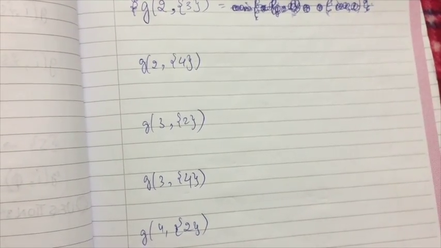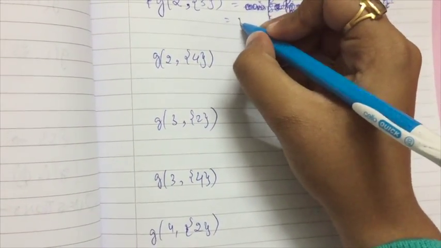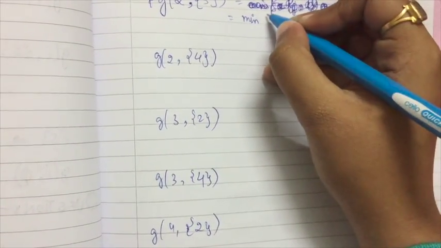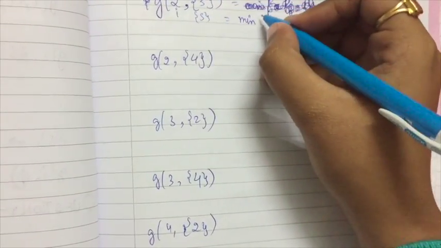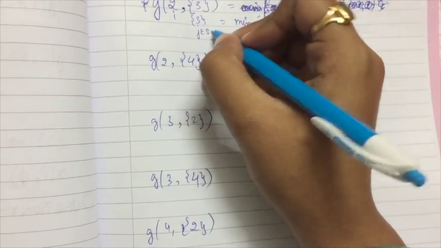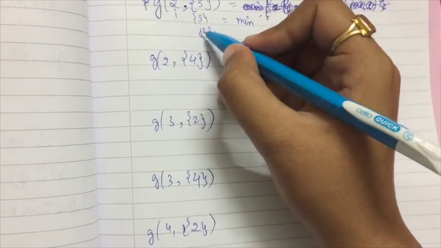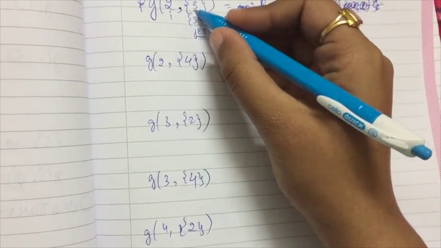So now, as per the formula, this is equal to the minimum of, this is I, this is S. So minimum of, and J will belong to S, right? So here J is equal to 3. J belongs to S, so J is equal to 3.